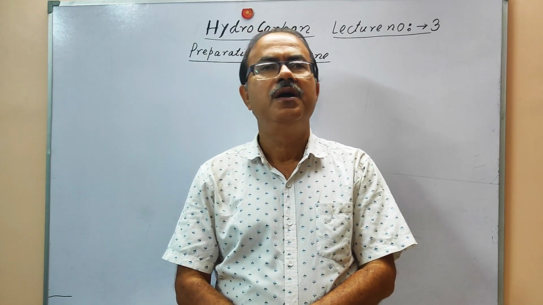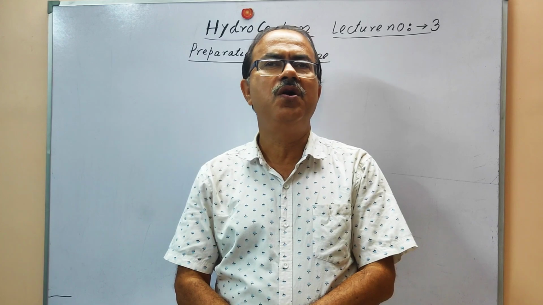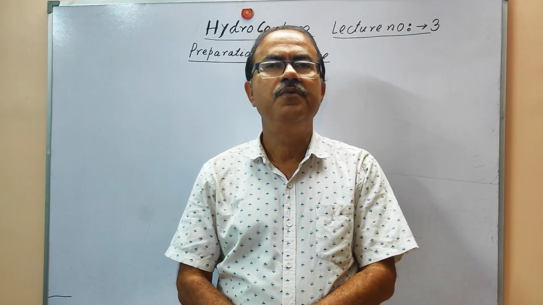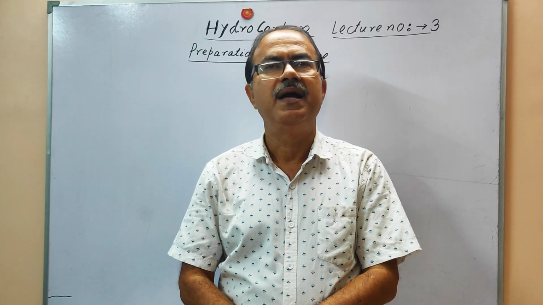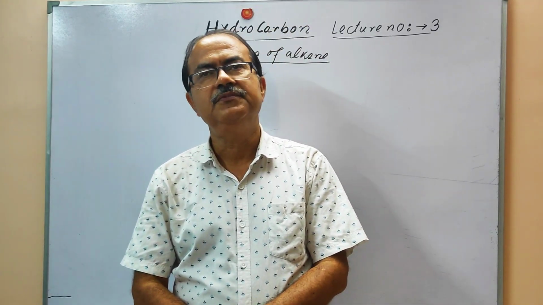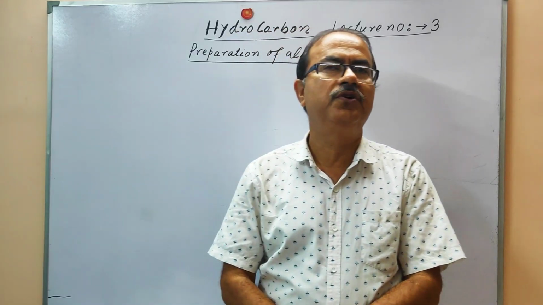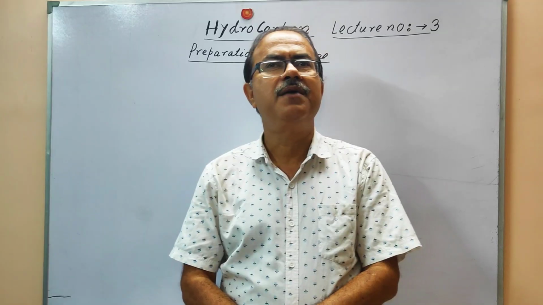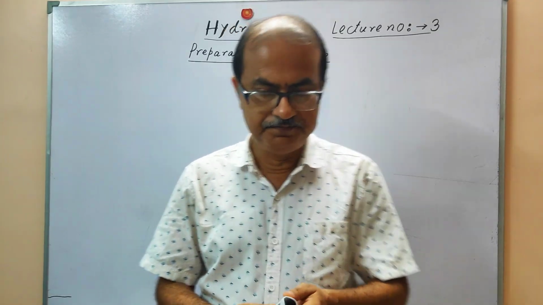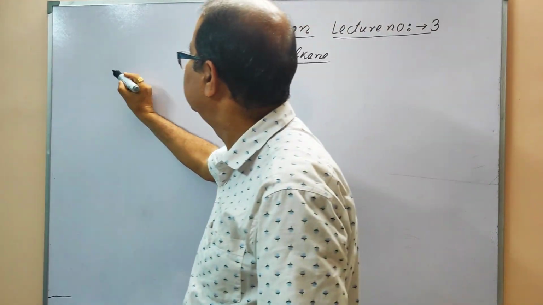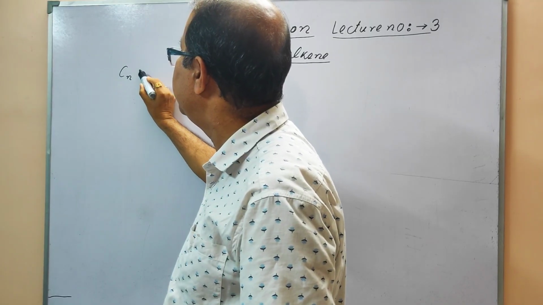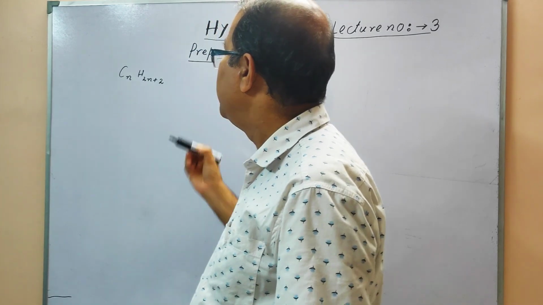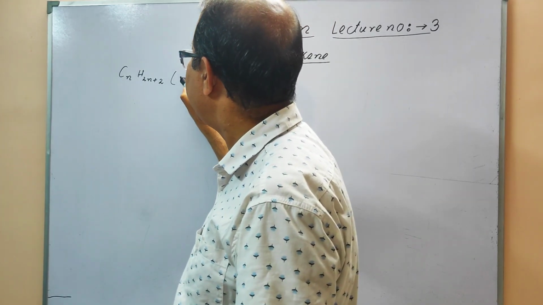Now when there is a double bond in a hydrocarbon, if we compare with the alkane in terms of its general formula, the alkane has the general formula CnH2n+2.